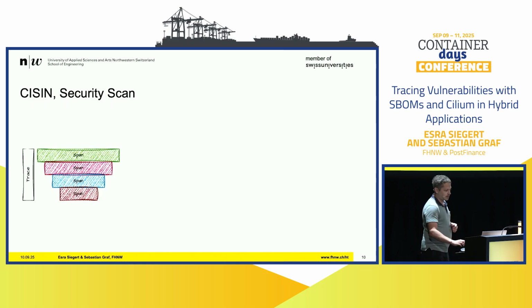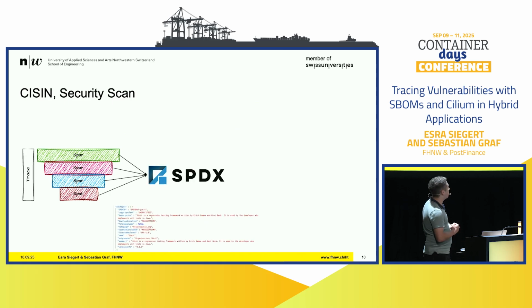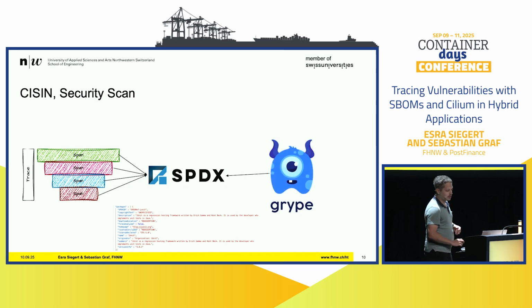We have here the trace, and we have the corresponding SBOM's URL along with the trace. So we can use an existing tool, like in our case we used Scribe to scan the SBOMs. So we can generate a report based on a trace ID, what the vulnerabilities are on this trace.